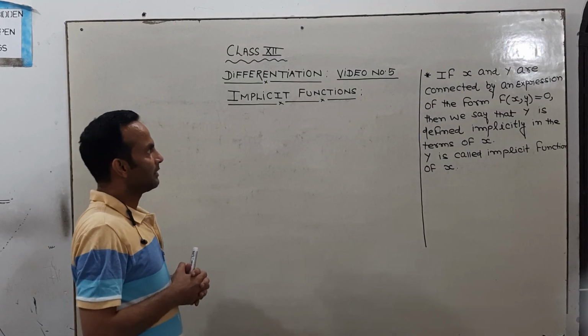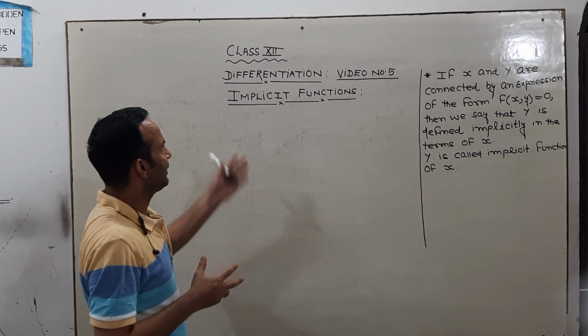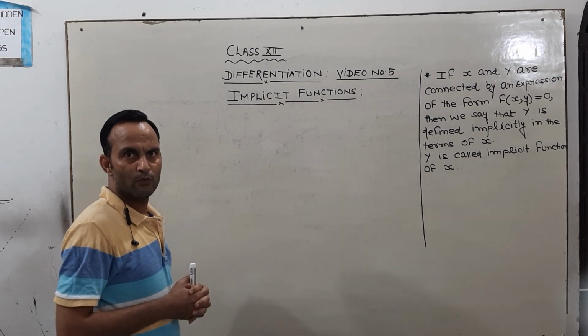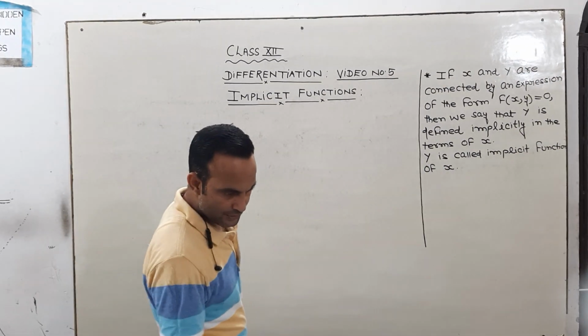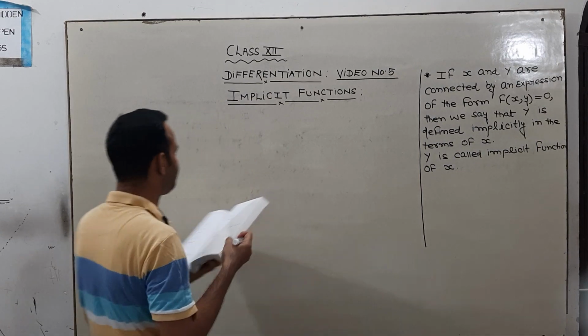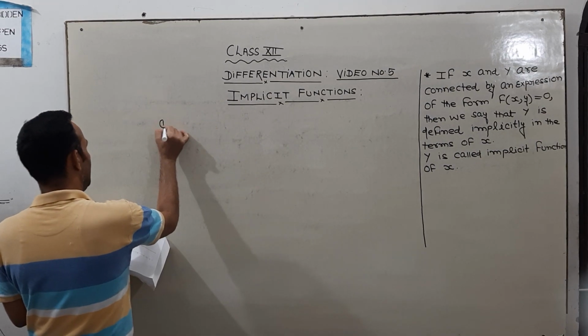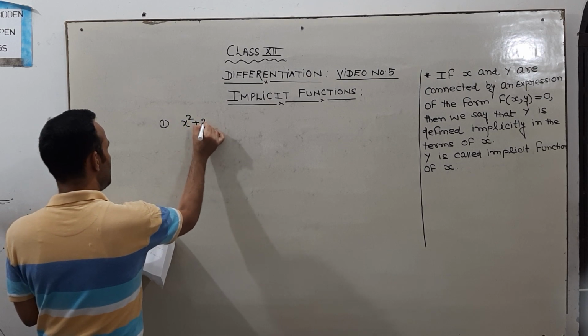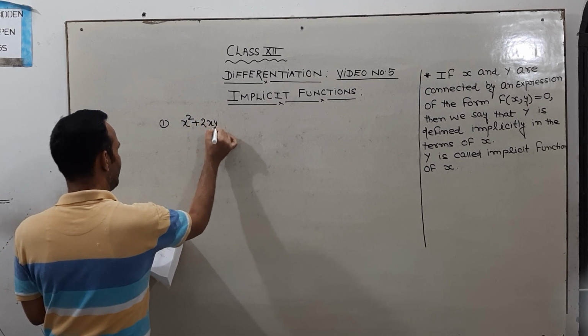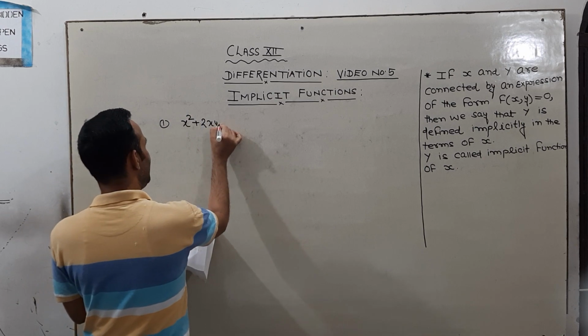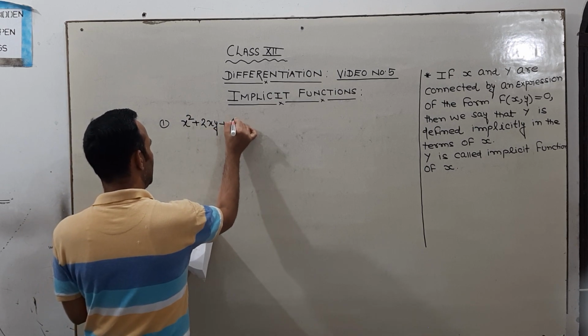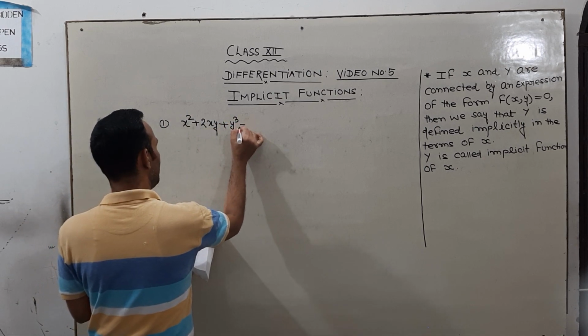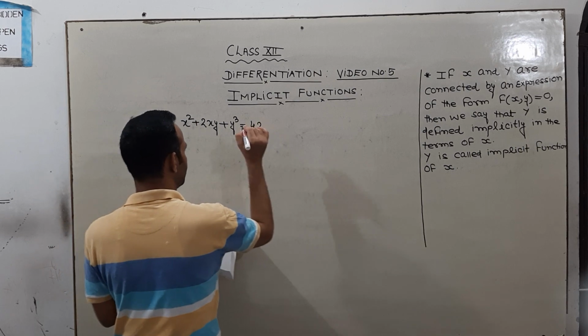So, to understand the problems which are related to the implicit functions, we take some examples. See example number first. x square plus 2xy plus y cube is equal to 42. This is the first problem.